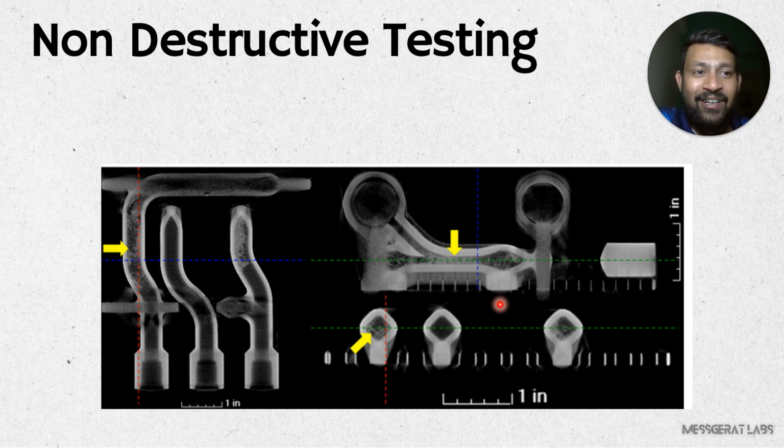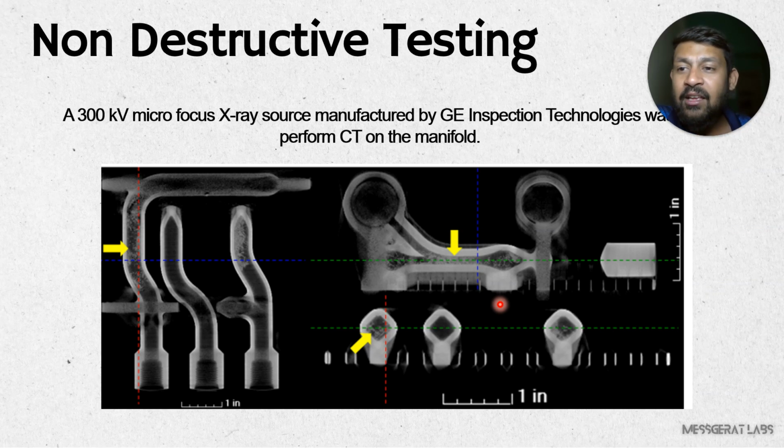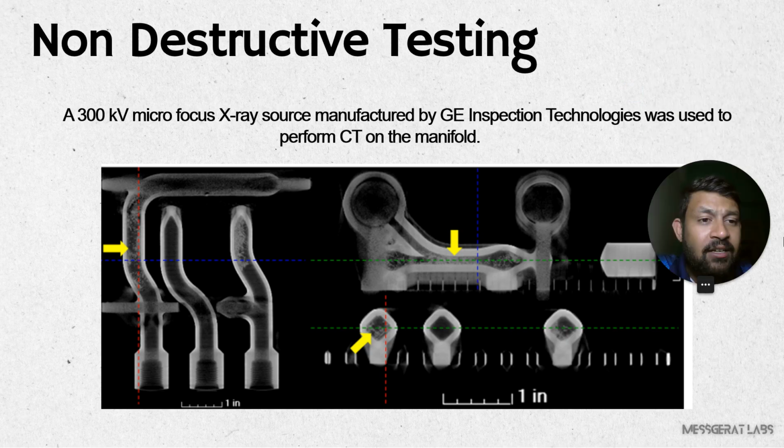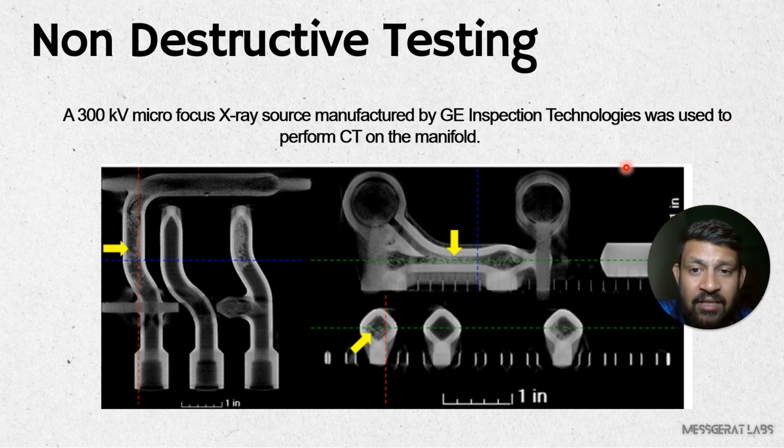That is also important, that the area which is of your focus is covered in that particular angle. This was done using a 300 kV micro focus X-ray source, manufactured by GE Inspection Technologies, who performed the CT scan on this manifold.